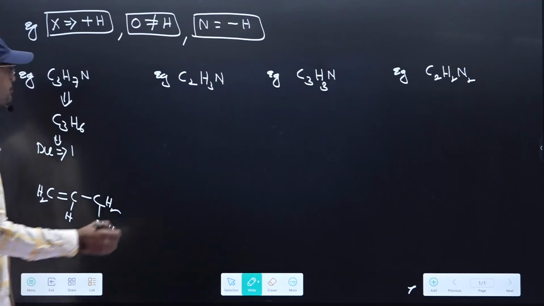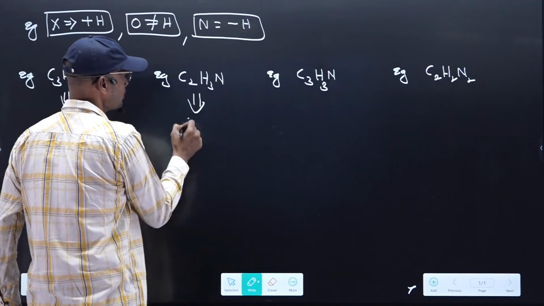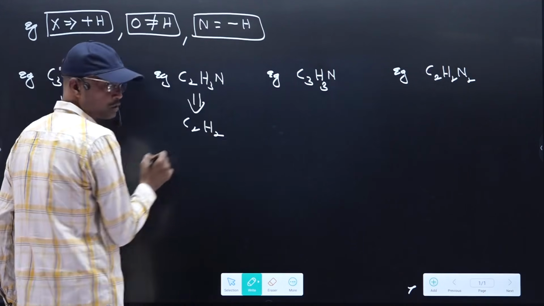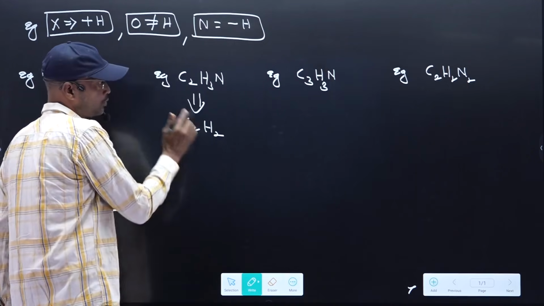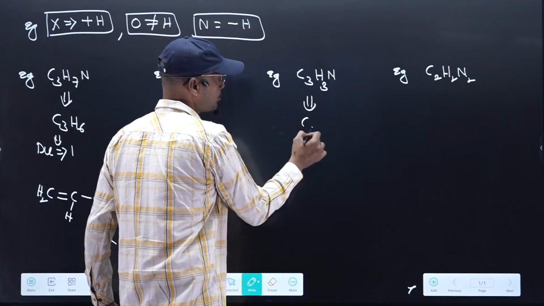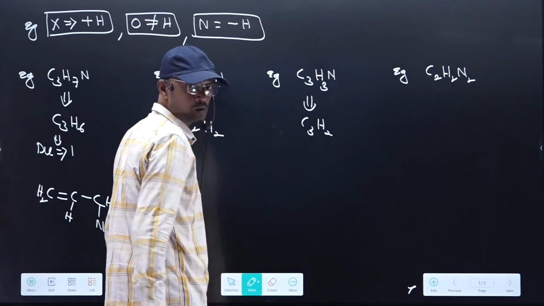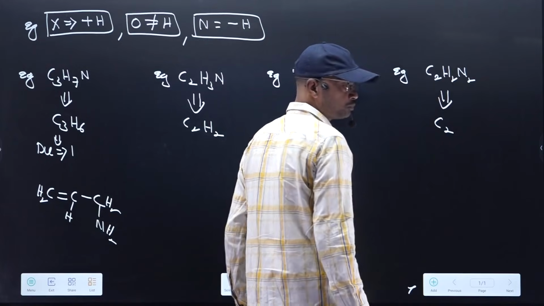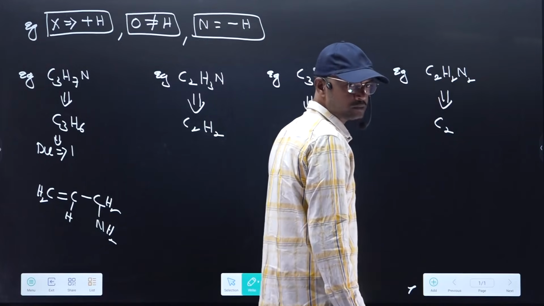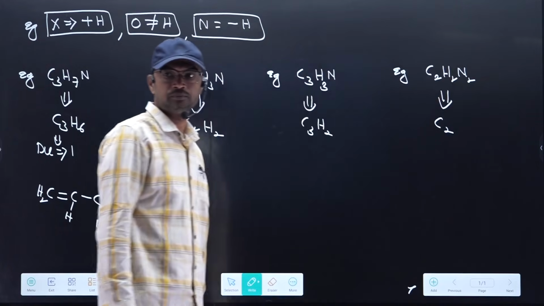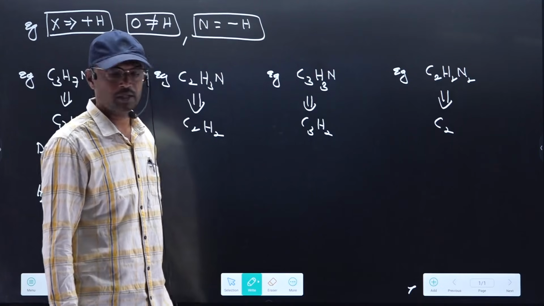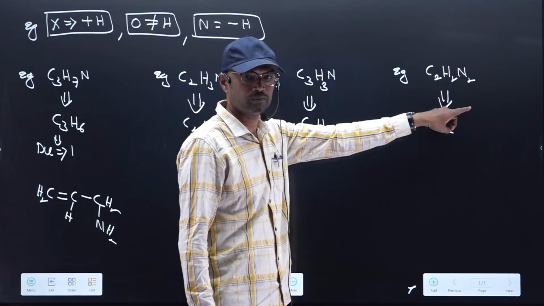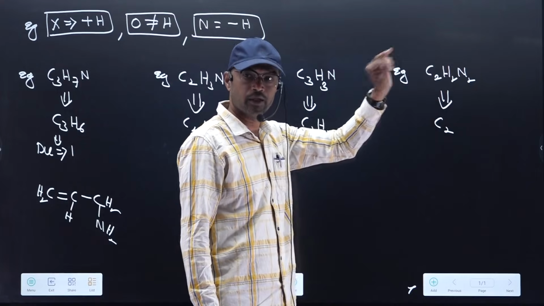What about DU? How to calculate? C2H3N: remove one hydrogen. And here, C3H3N, can I remove 3 hydrogens? And here C2H2N2, can I remove two hydrogens? See, every nitrogen is minus one hydrogen to calculate DU.